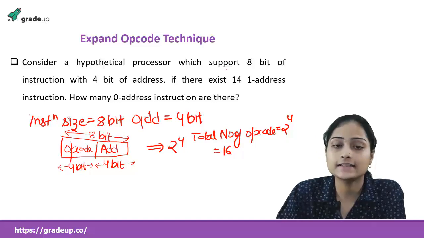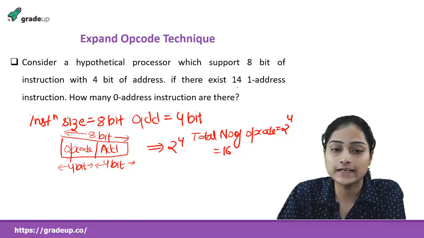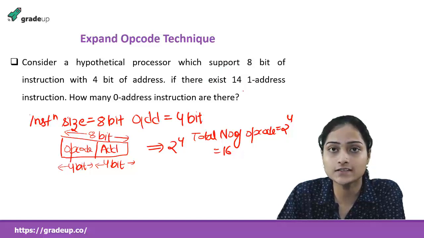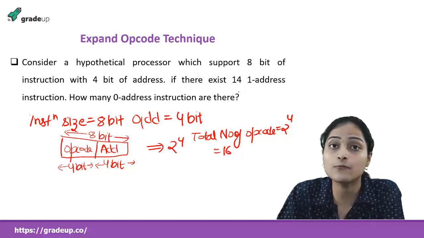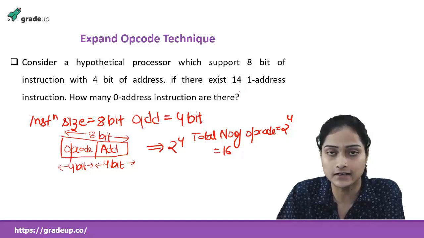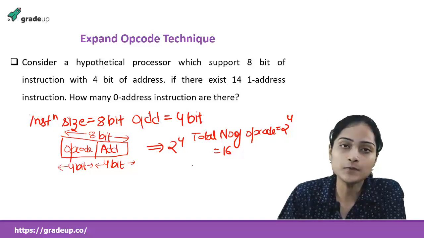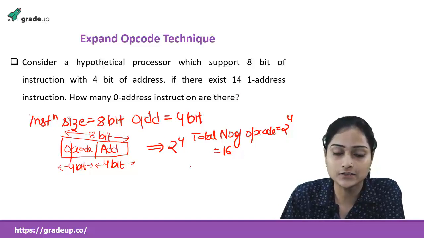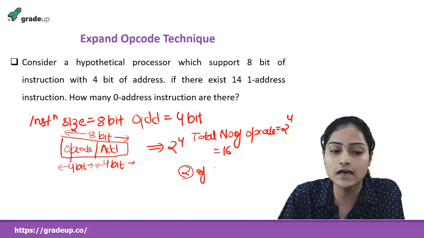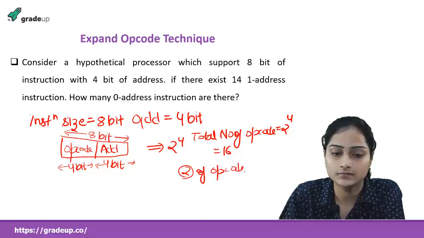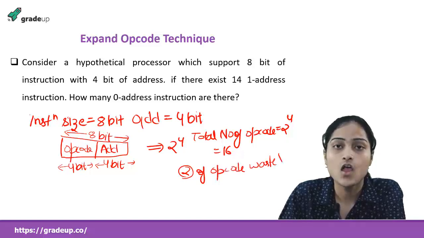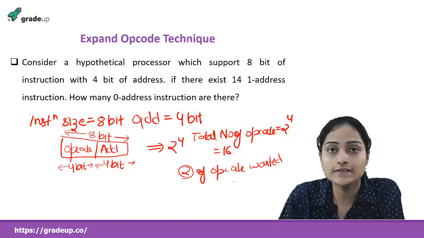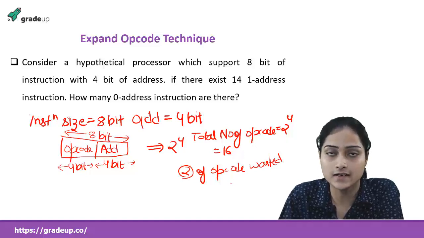But the question is saying if there exist 14 one address instructions, that is, we are using only 14 one address instructions, then 2 of the opcodes are wasted. Or we can say these 2 opcodes are free from getting assigned to any instruction.